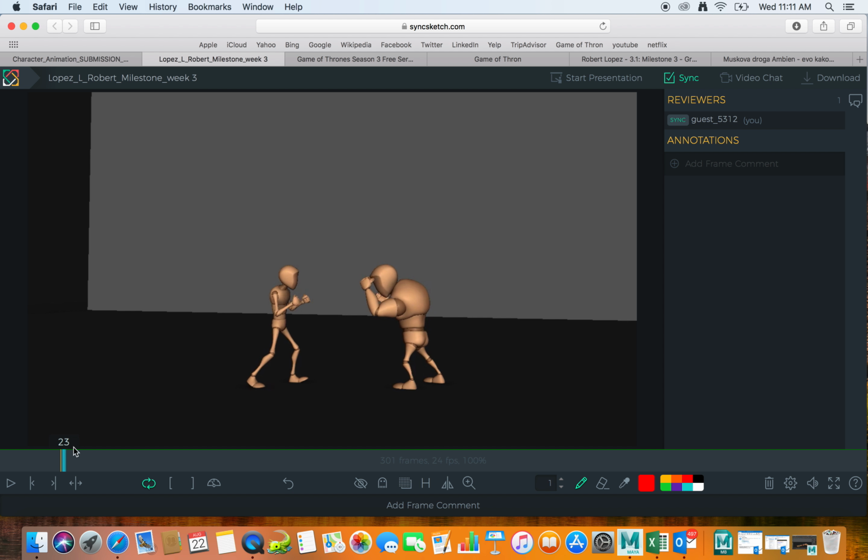And then after the contact, in the next two frames, the foot is flat. There might be one frame in between the foot being up and the foot being flat on the ground. Not more, because it becomes mushy.